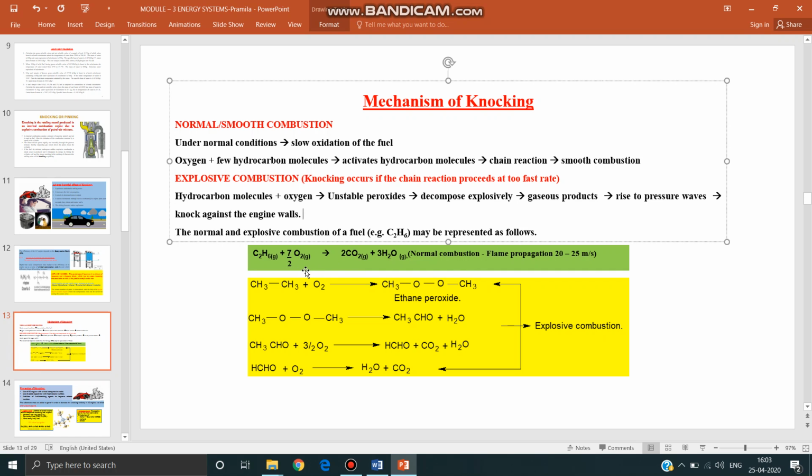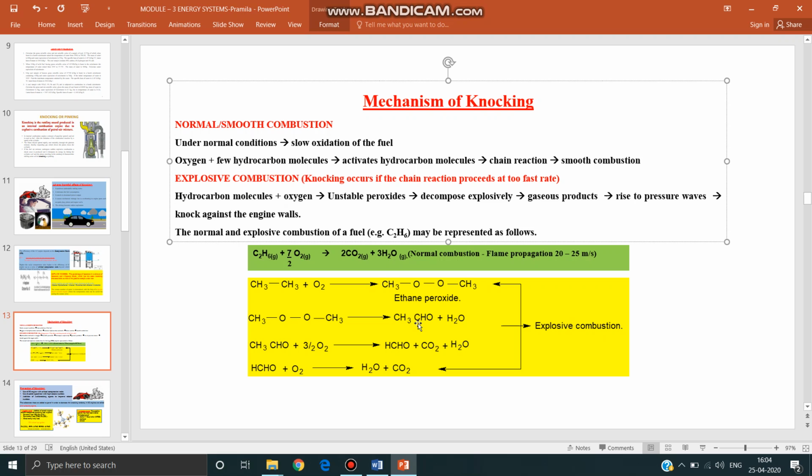So here an ethane molecule has been taken. See, during the knocking process, ethane peroxide will be formed. This ethane peroxide is highly unstable. It will undergo decomposition and produce acetaldehyde and water. Again, this acetaldehyde reacts with oxygen and produces formaldehyde, carbon dioxide and water, and formaldehyde again reacts with oxygen and gives water and carbon dioxide.